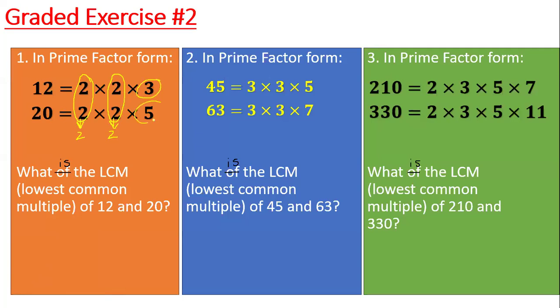It'll be 2 times 2 times 3 times 5. Then the next row would be 4. So 2 times 2 would be 4. And then 3 times 5 would be 15. And 4 times 15 is 60.